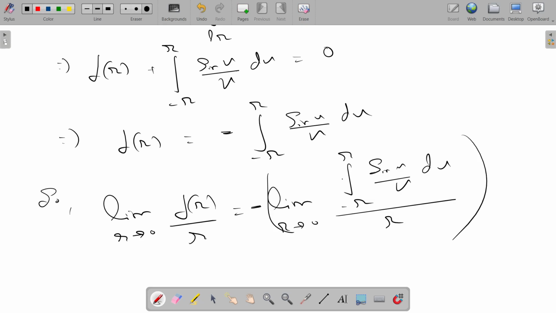As we can see, this is 0 by 0, so we will use L'Hopital's rule, and on the upper integral we can use the Leibniz rule to differentiate under the integral sign.